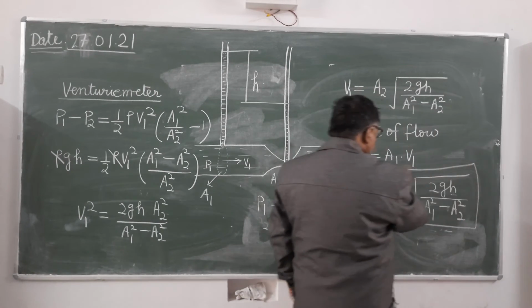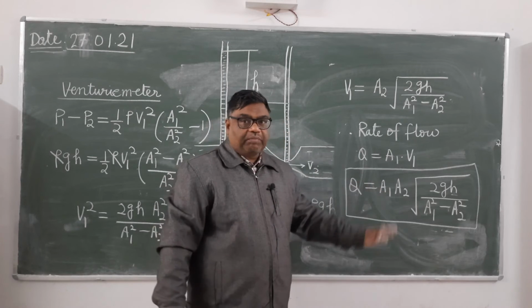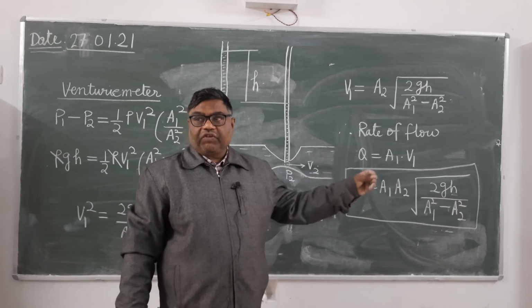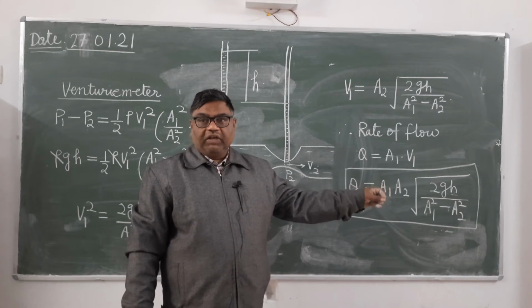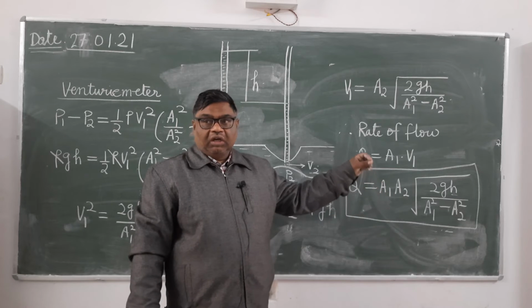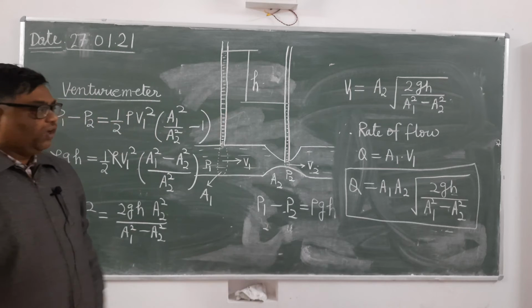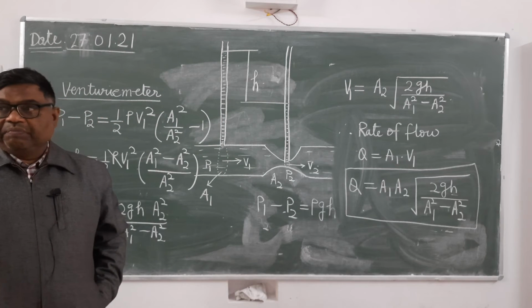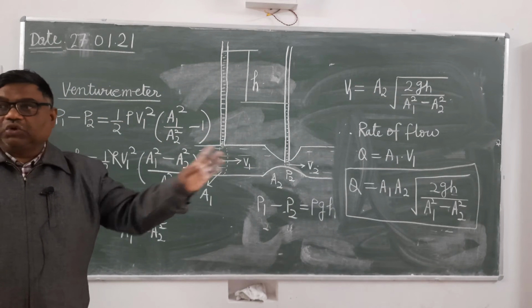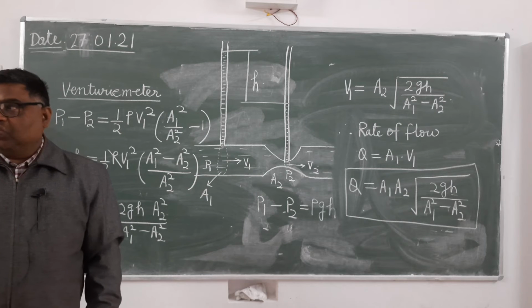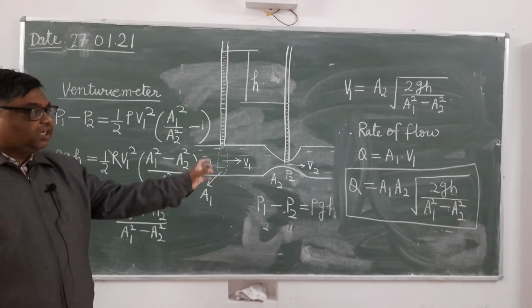From this expression you can see that everything is known to you. A1 is known, A2 is known, this is known, only you have to determine the value of H. By determining the value of H, you can determine the rate of flow. Is it clear? What will be the average rate of flow?